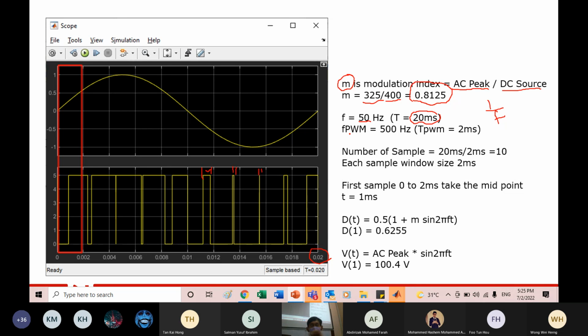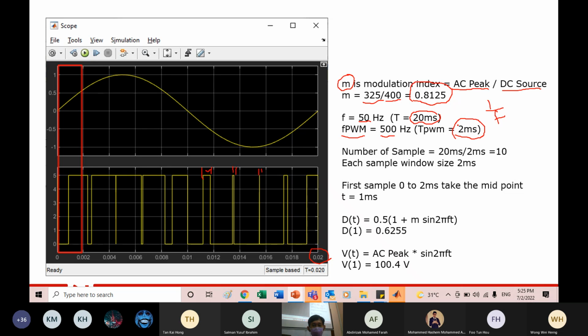They speak differently. So when you talk to a person, if you know his background is communications, you say, what is the carrier frequency? If that guy is from an electrical background, then you ask what is the switching frequency. Now, switching frequency is 500 hertz, so 1 over F, you get 2 milliseconds.